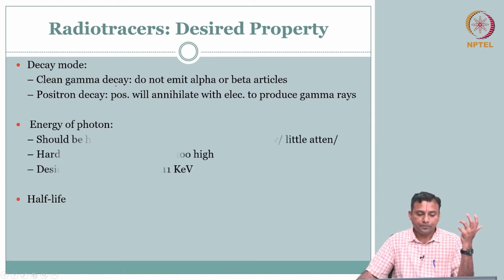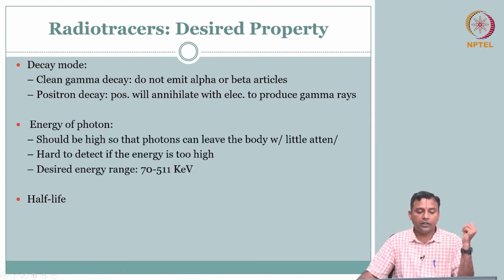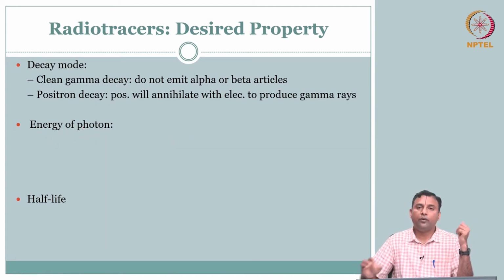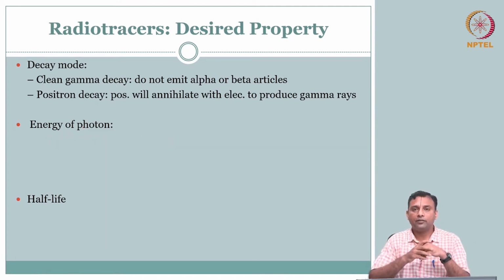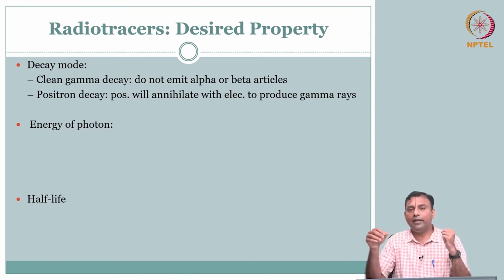Okay. Energy of the photon. What is your energy of the photon? We talked about X-ray interacting with the tissue, and there we said if it is too low it will get absorbed. If it is too high it will not interact with the tissue. In our case, what do we need? Should the photons interact with the tissue or not?